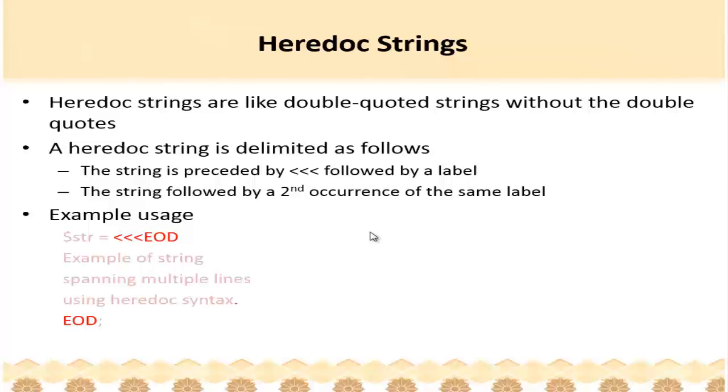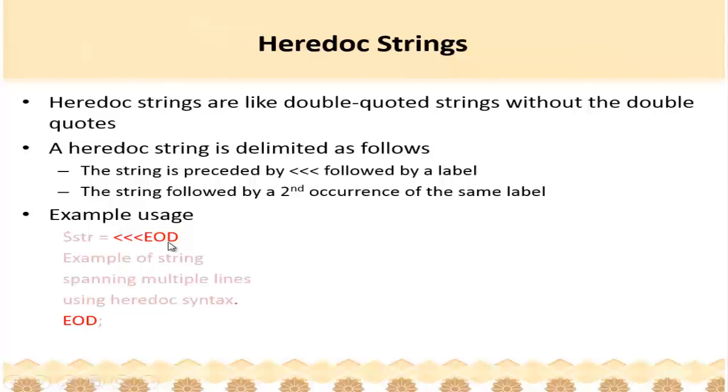The last one, which is a bit problematic and sometimes very helpful, is the heredoc. A heredoc string is a very special kind of string. Suppose you have a very lengthy line of text to be shown, and you don't want to put double quotes and get confused about whether there is a double quote and so on. The way you create it is using a heredoc. A heredoc starts with a triple less-than symbol followed by a label.